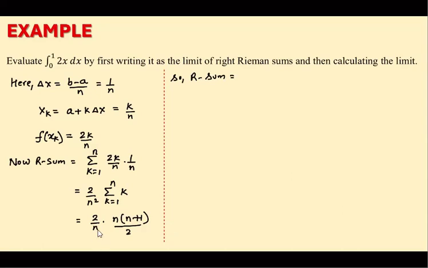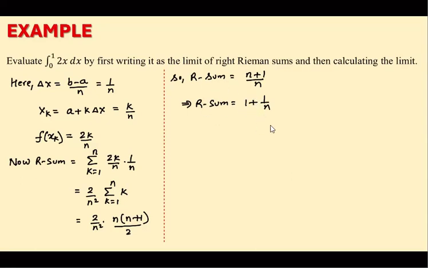When you divide this, you'll have n in the denominator, and the 2 and 2 cancel. So we get n plus 1 divided by n. Let me simplify a little bit. So the Riemann sum is equal to, n divided by n is 1, then plus 1 over n. So that is the Riemann sum.